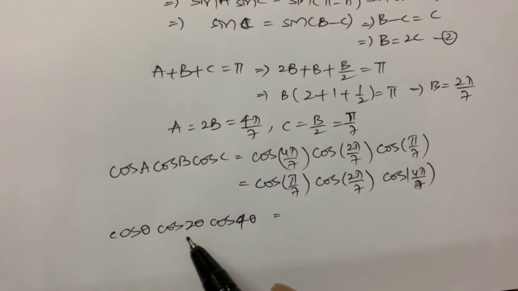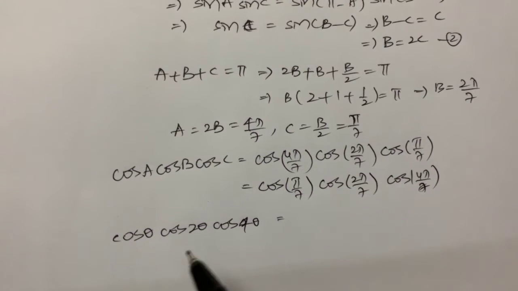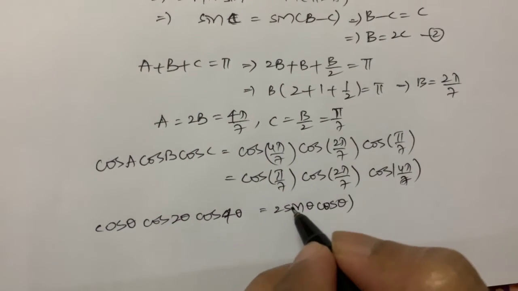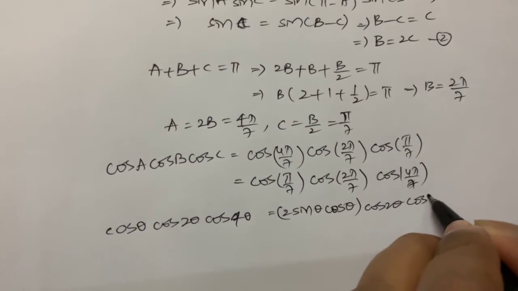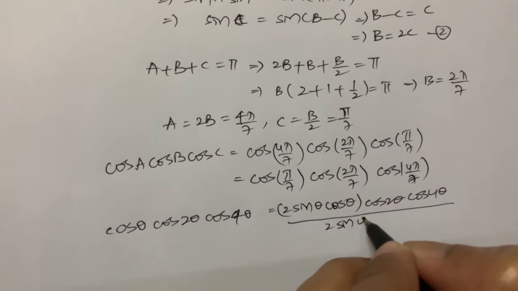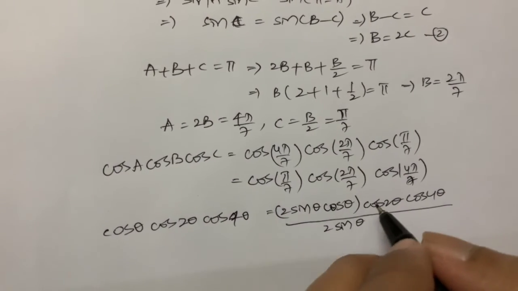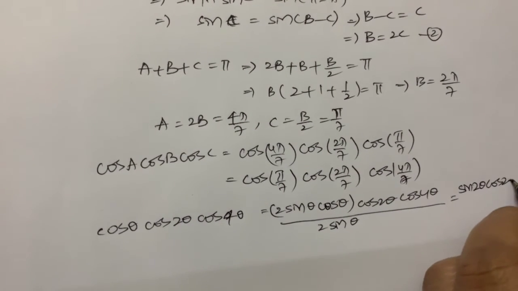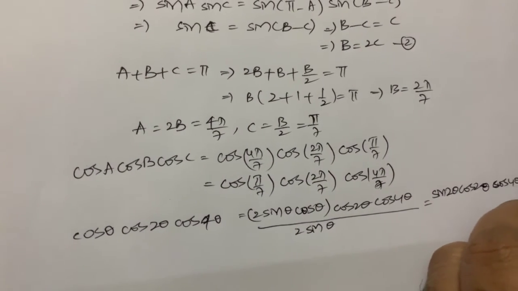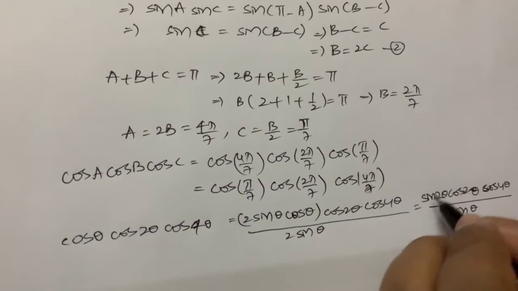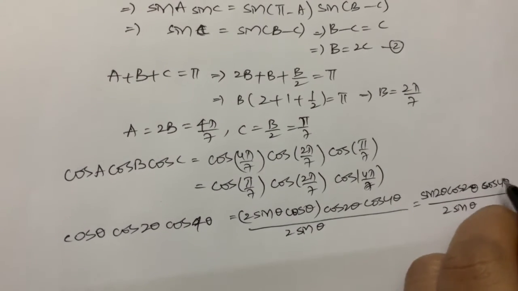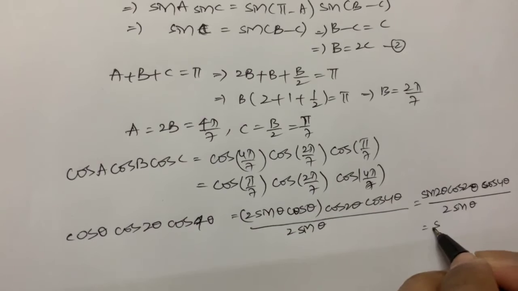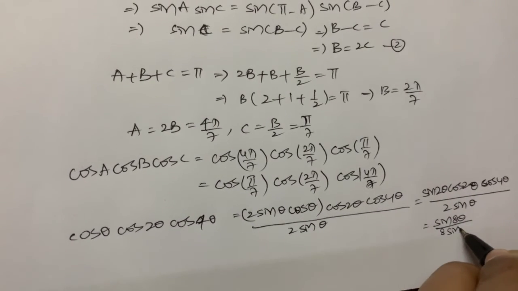So we'll multiply and divide by 2 sin theta. 2 sin theta cos theta is sin 2theta. Again, if I multiply and divide by 2, sin 2theta cos 2theta by 2 sin theta gives sin 4theta. Sin 4theta cos 4theta gives sin 8theta by 2. So this is sin 8theta / (8 sin theta).